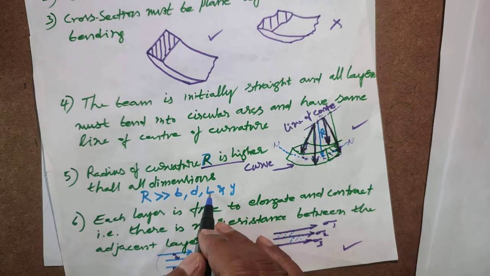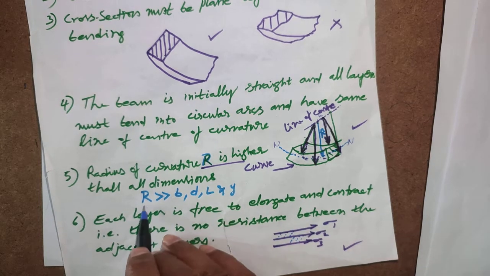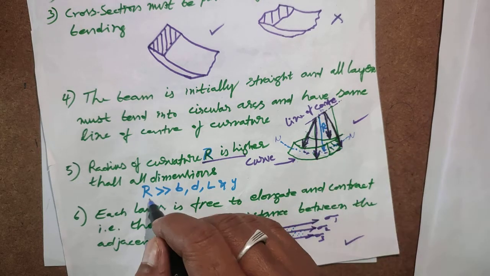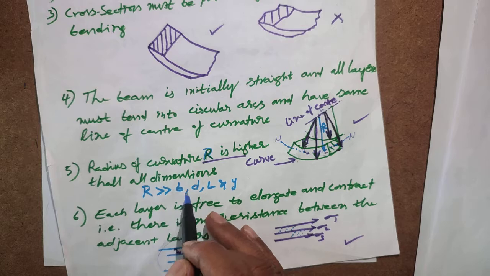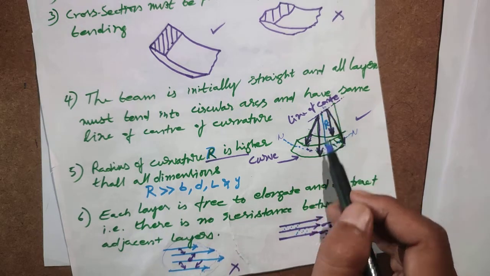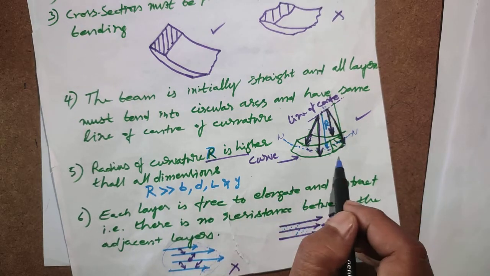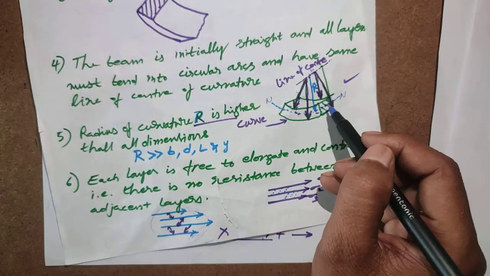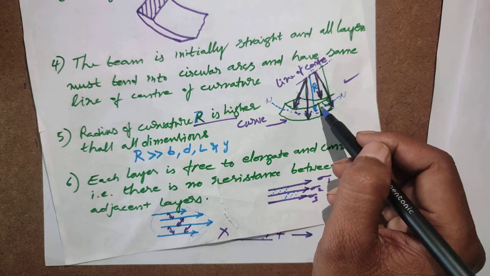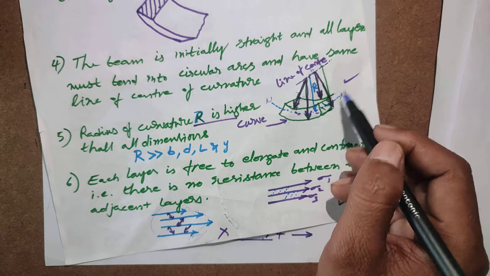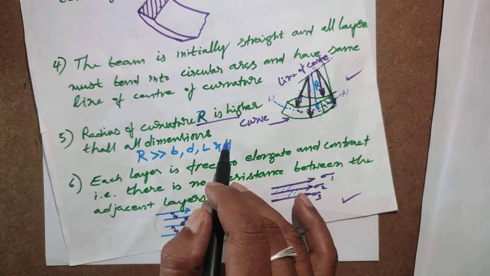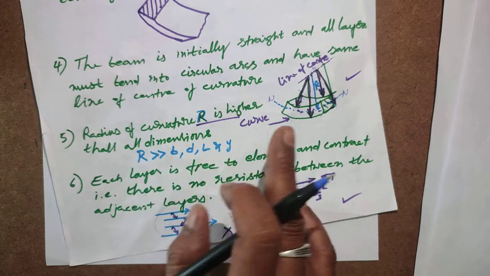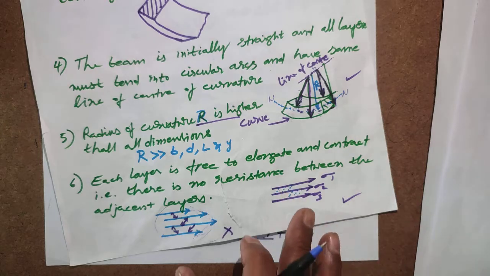This is another consideration: the radius R of the neutral axis from the center of curvature is higher than the width of the beam, the length of the beam, and the depth of the beam. So all dimensions of the beam must be lesser than the radius of curvature of the beam.